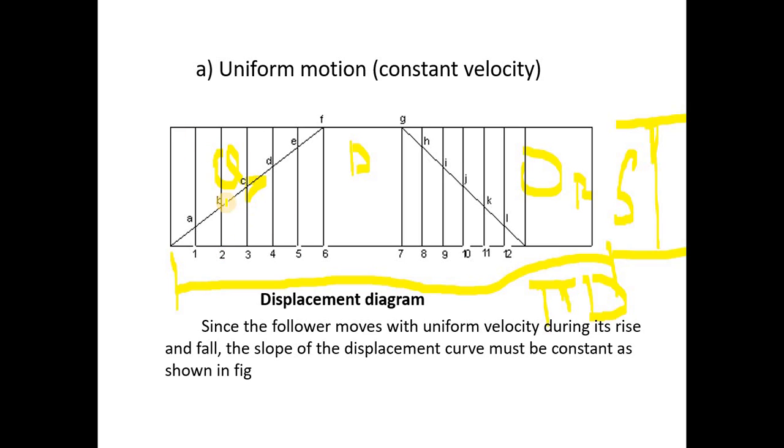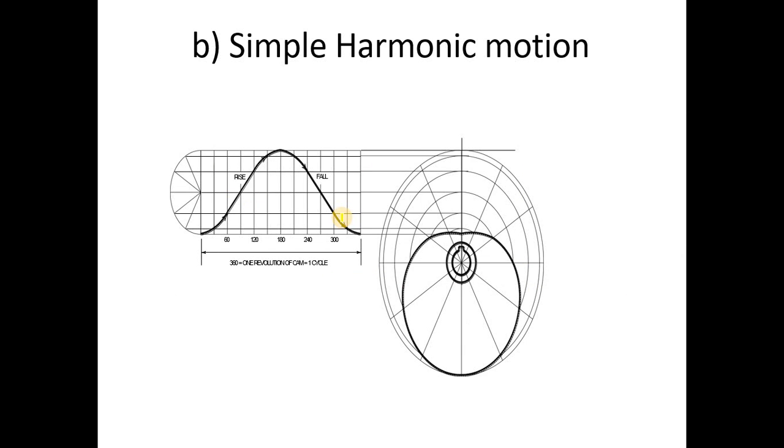So first mark the theta outstroke, then dwell, and then return stroke. Make the equal parts, join the corner, look at this, this is the diagonal corner, join it. Whatever will be the distance, get 1a, 2b, 3c, 4d, 5e, 6f. These are the distances of the follower which moves from the base point to the top of the follower. This is the entire stroke length.